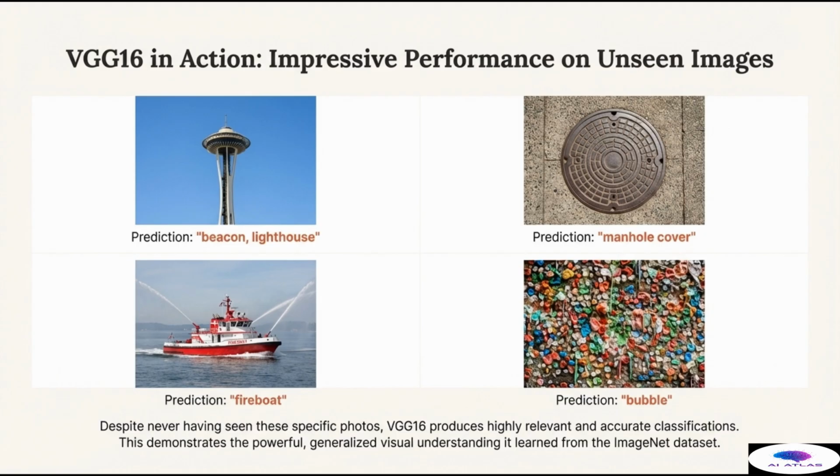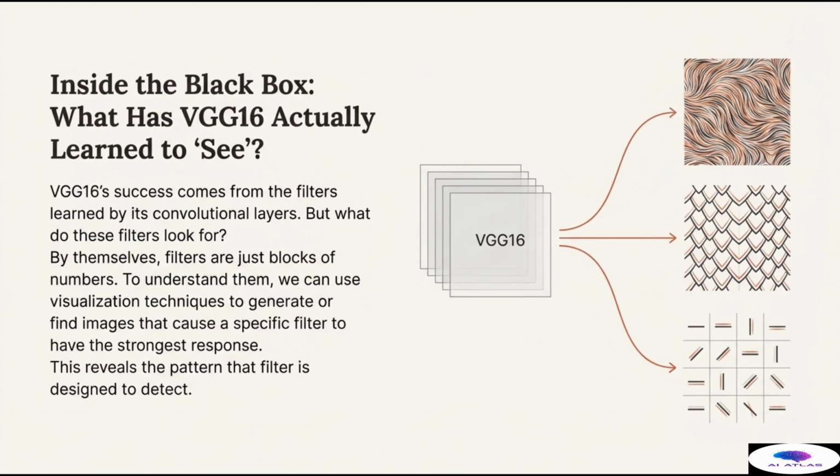These examples underscore how VGG16's hierarchical structure moves beyond simple object recognition to capture general visual concepts, proving it is an exceptionally accurate and powerful model capable of classifying the vast complexity of the visual world with superhuman speed and precision. Having seen VGG16 perform flawlessly, we must now delve into the black box to answer the fundamental question: what exactly has VGG16 learned to see?